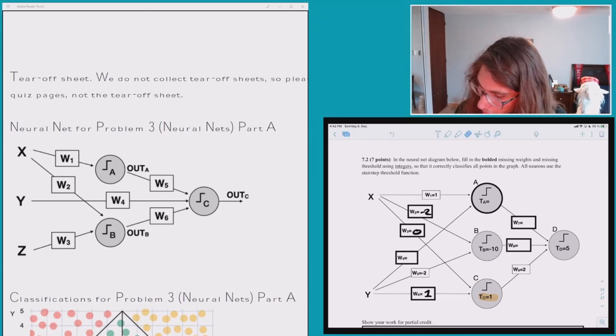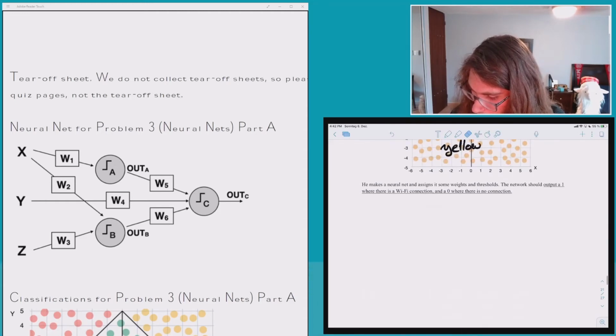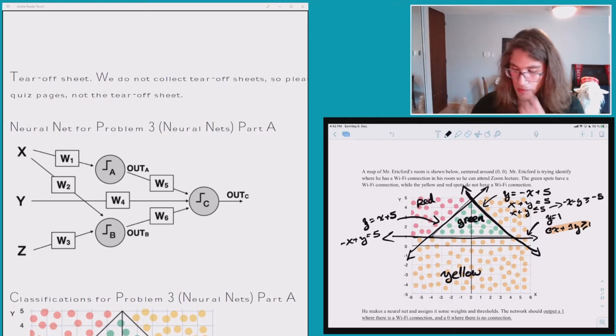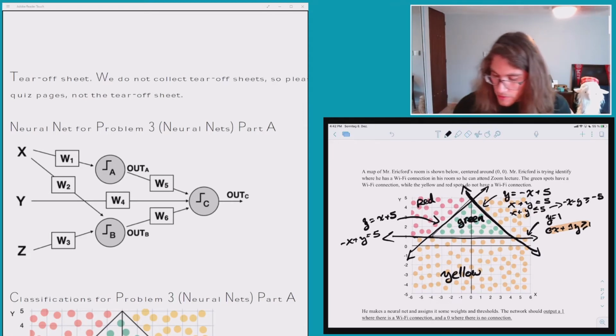Okay, and now we have a 1 here, nothing for y, and an empty threshold. I know the threshold has to be greater than or equal to, and I have a negative x, which implies then I need to multiply by -1, which would flip the inequality.